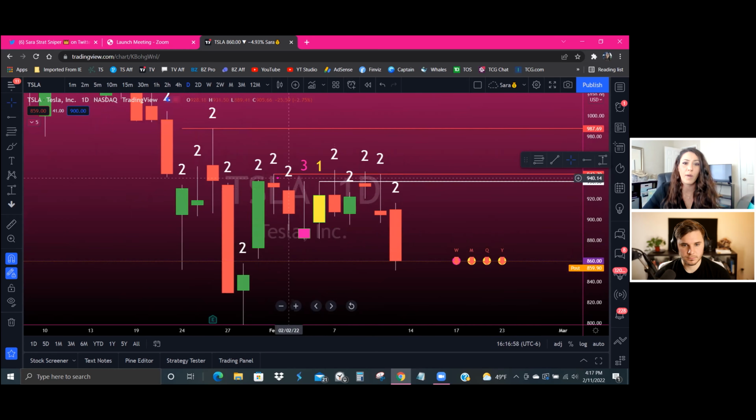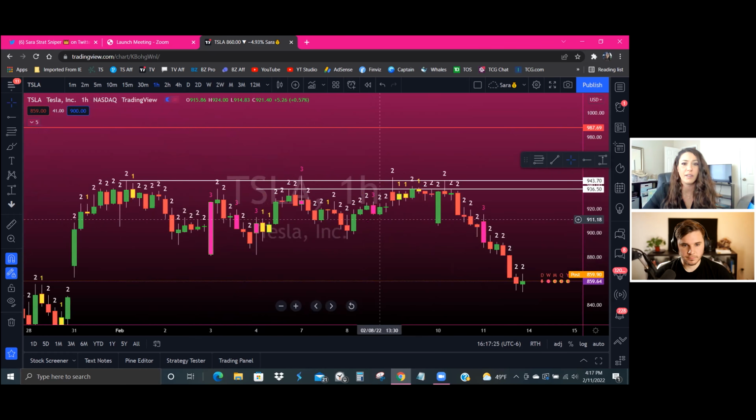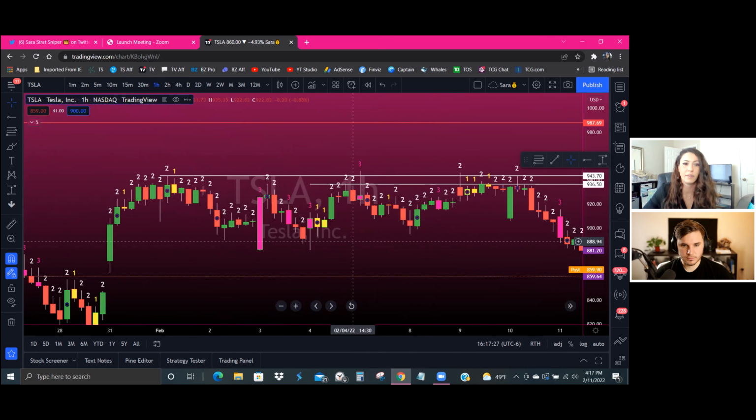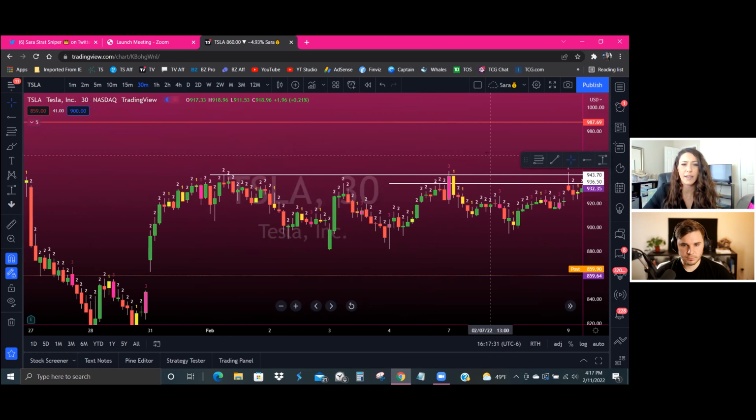But my target one was here. This was the entry on a 3-1-2 up reversal. So the entry was there, the target was there, but then it failed. So had you taken profit there, good. If you didn't, you should know better if you're trading the strat.